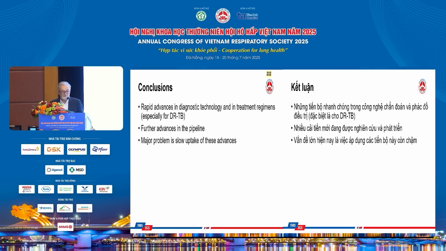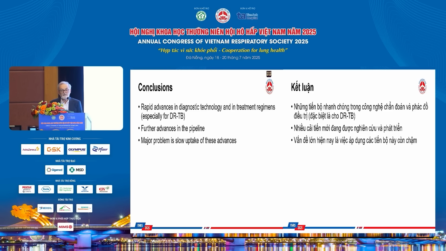So in conclusion, I think the rapid advances in diagnostic technology and in treatment regimens, especially for drug-resistant TB, have been the major developments that have improved our capacity to manage TB. Further important advances are in the pipeline and will be coming to you soon.